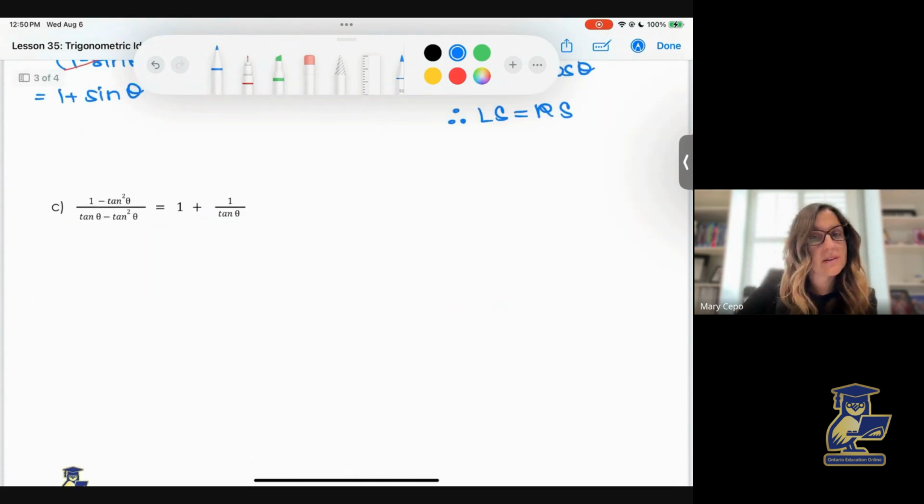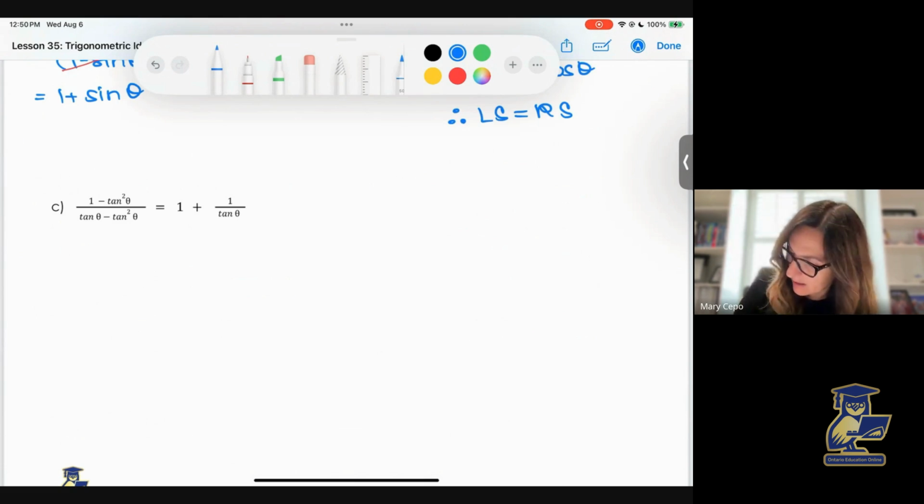Okay, looking at C. In this case, because both are in terms of tan, instead of putting in terms of sine and cos, maybe we can try to see if we can simplify further before we do that. So from what it looks like, we can just factor out 1 plus tan.